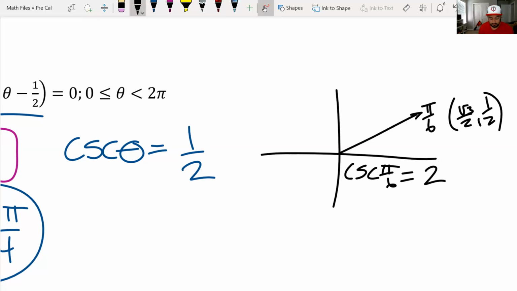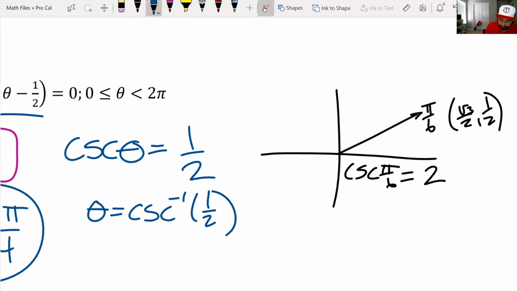Another way to prove this is by inverses. If we apply those formulas we made in 8.2, I could say theta equals the inverse cosecant of 1/2. Which means, by those inverse formulas, this would be the same as the inverse sine of 2. Remember those reciprocal formulas we made with the calculator?